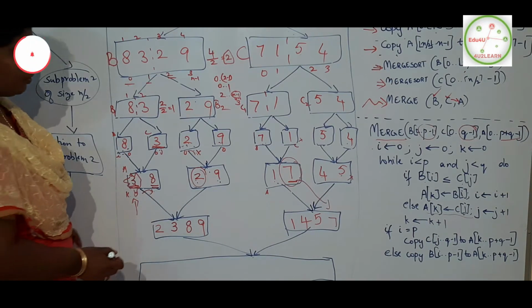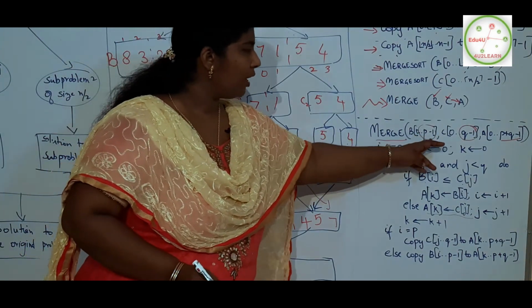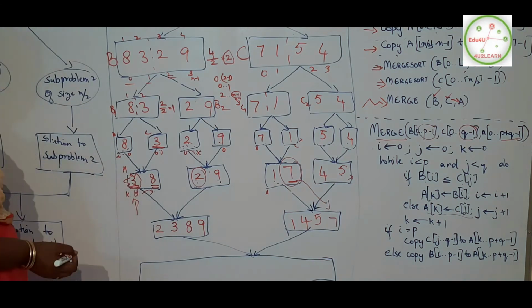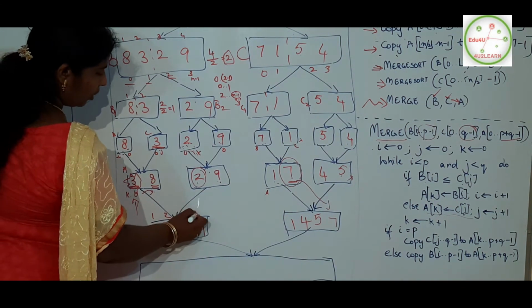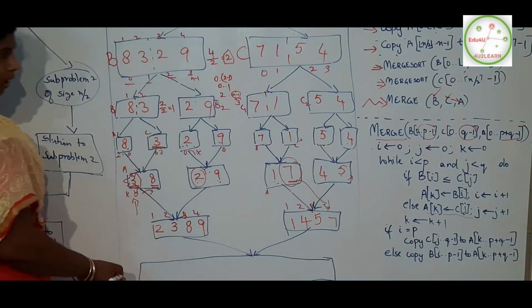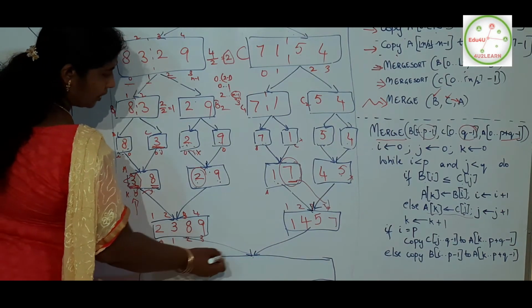So now we have to get into it. Now you might be wondering what is the 0, p minus 1 and 0, q minus 1 and everything. Let me tell you, now you have 4 elements here, 4 elements here. And you have the positioning being done like this.